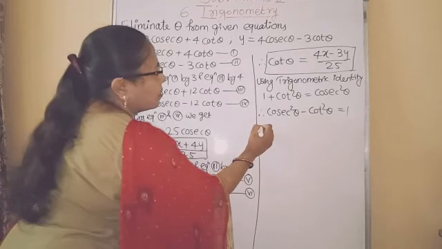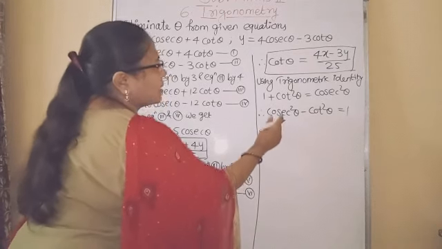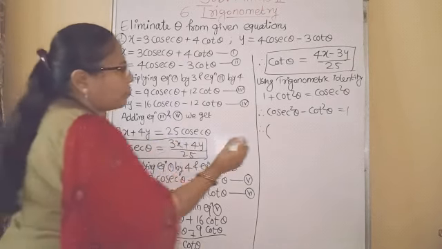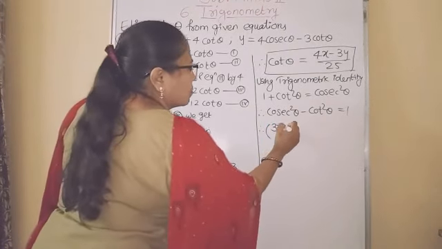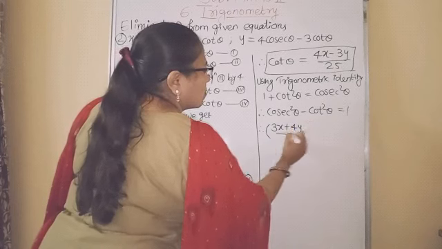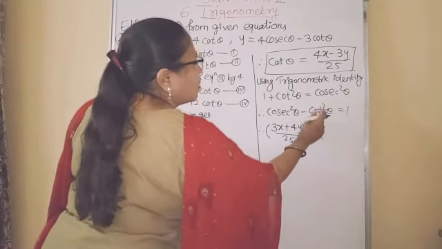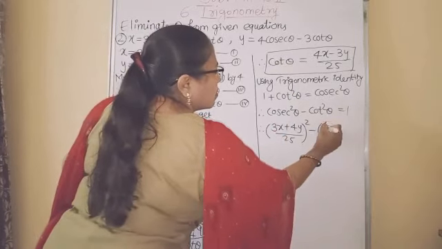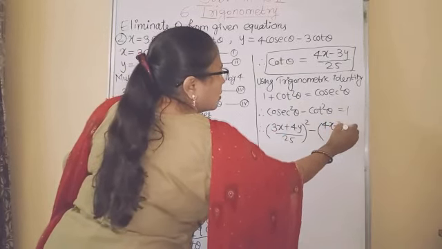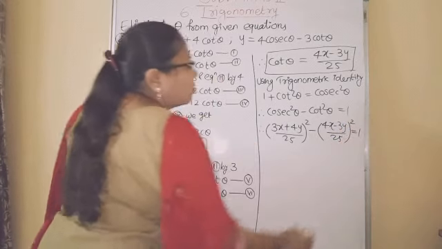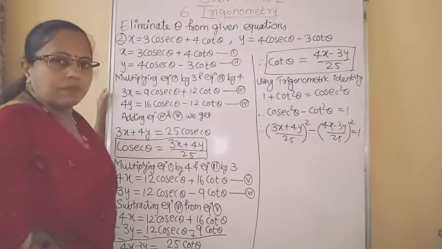Okay. Therefore, the cosec theta value we got is (3x plus 4y) upon 25, bracket square, minus the cot theta value (4x minus 3y) upon 25, bracket square, equal to 1.